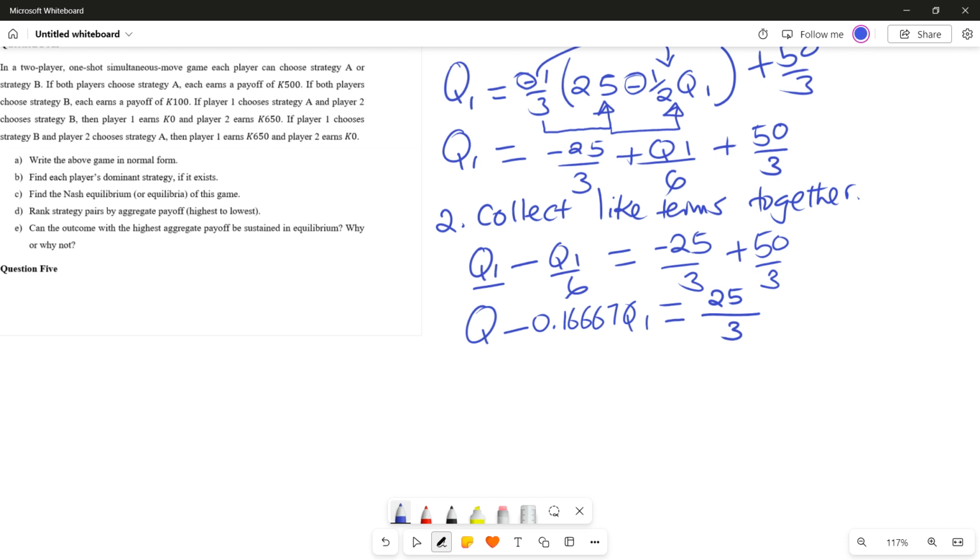We can also convert this into a decimal: 25 divided by 3 is something like 8.333. So this will be q1 minus 0.16667 q1 is equal to 8.333.